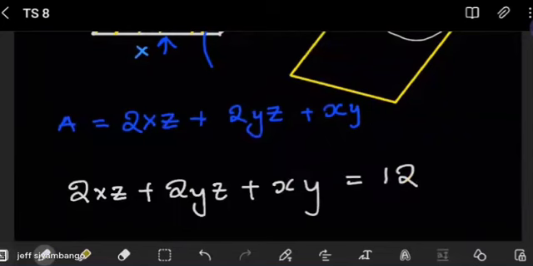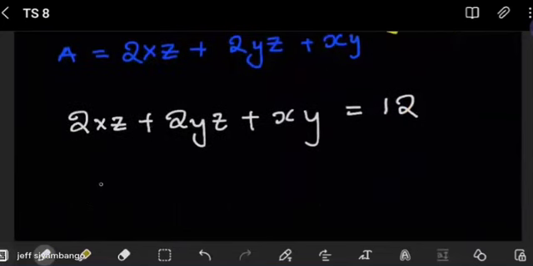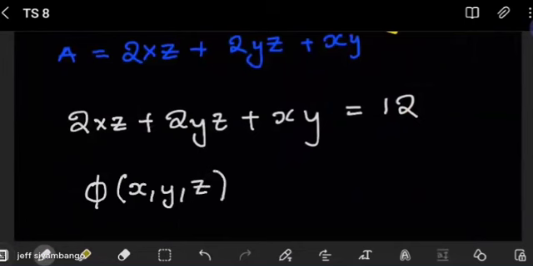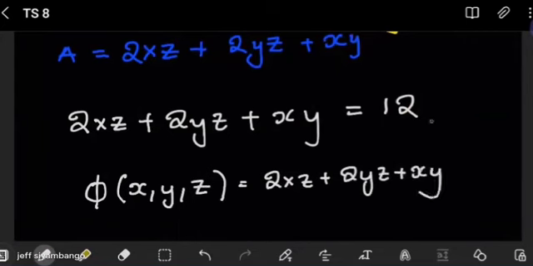So as the equation for our constraint, if I label this as phi, notice that this is a function of x, y, and z. Remember, phi has to be equal to 0. So when I write this, I'll have 2xz plus 2yz plus xy. The 12 will come to the left, and this will be minus 12, so that this is equal to 0. This becomes the constraint.